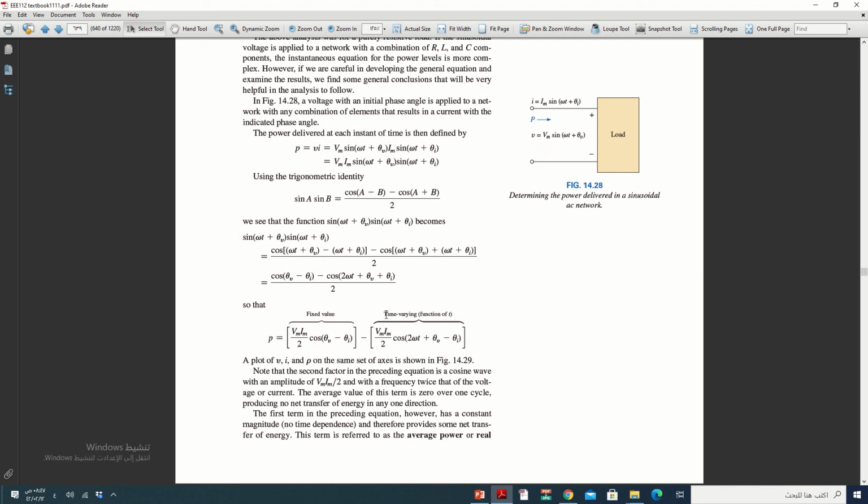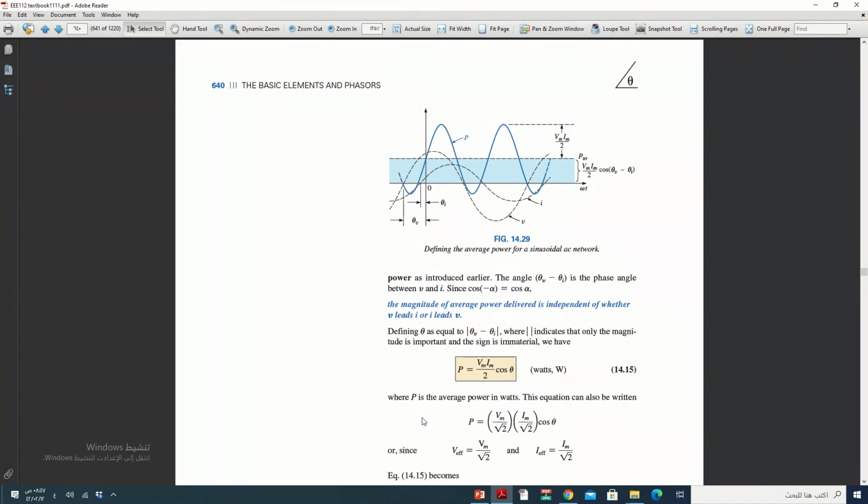This means the average power will be this number only: Vm Im divided by 2 cosine of theta v minus theta I.